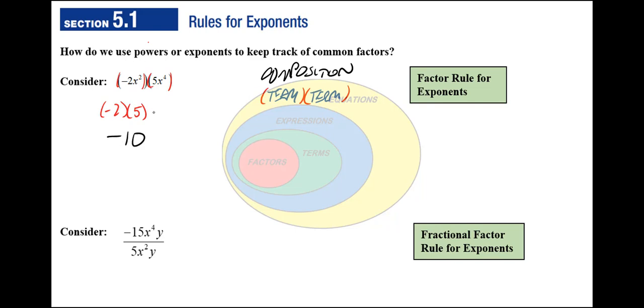And then our variable factors, x squared times x to the fourth, this is where we use our powers to basically count up all the factors. So x squared is 2 factors of x, x to the fourth is 4 factors. We're going to combine those together, and that would have a total of 6 factors of x. So we just add those exponents.